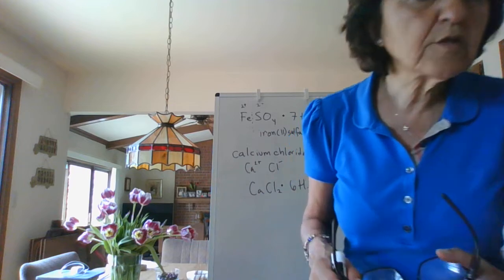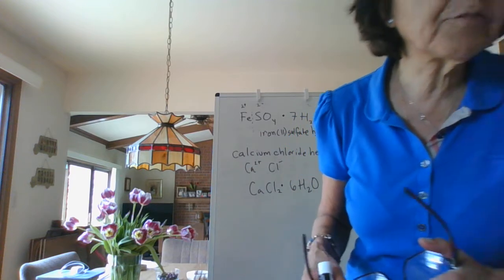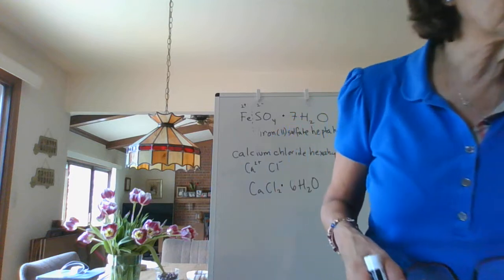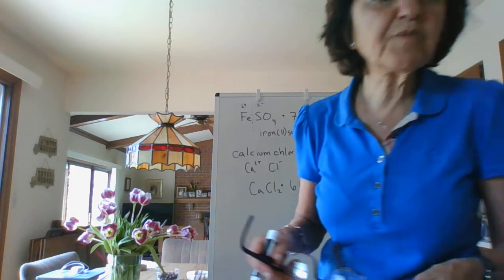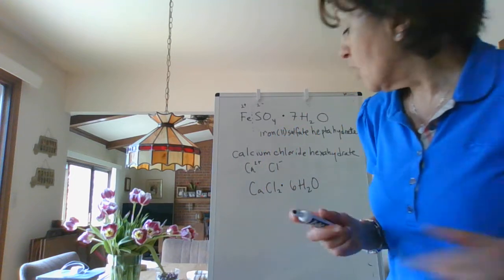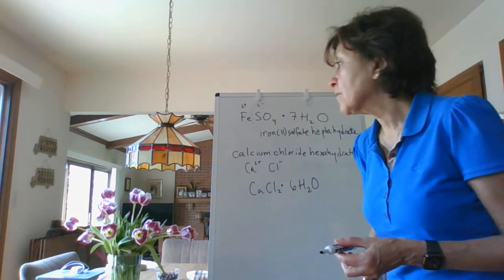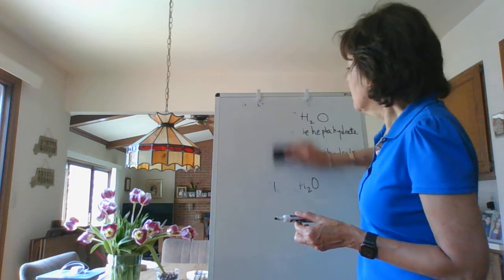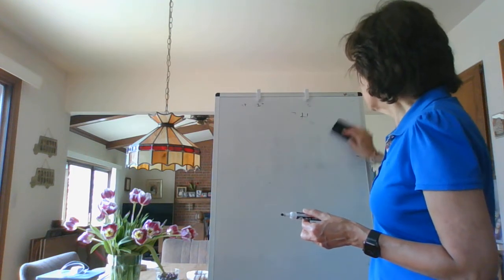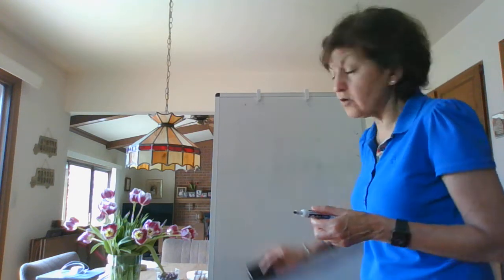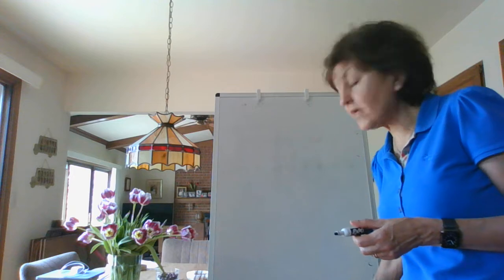All right, so I was looking through the what you need to know list. I think I've covered pretty much everything, and now we're left with topic number 14, which is be able to write and balance chemical equations. What do I mean by write? I mean write the correct formula. So if I give you the equation in words, you should be able to write the correct formulas and then balance it.